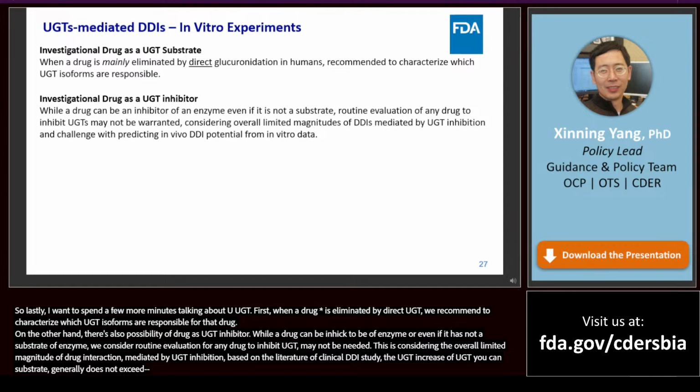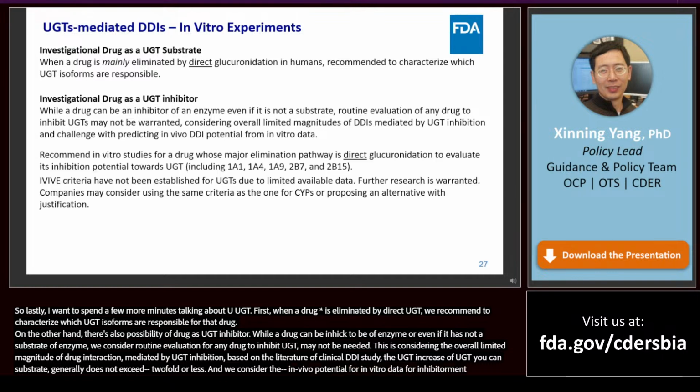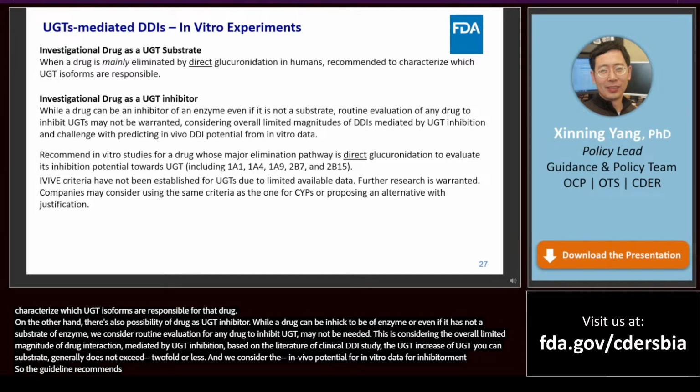And also, we consider the challenge with predicting in vivo DDI potential from in vitro data for UGT inhibitors. So the guideline recommends in vitro studies for a drug whose major elimination pathway is direct glucuronidation to look at its inhibition potential towards some UGT isoforms.